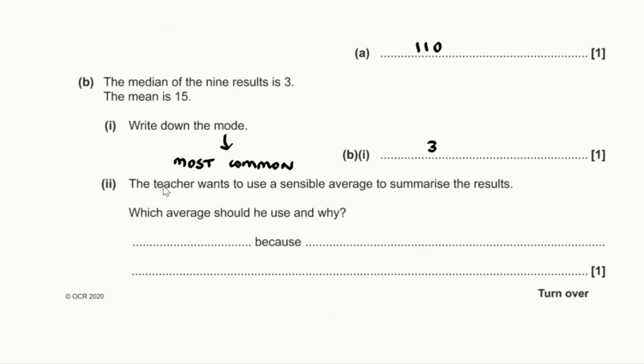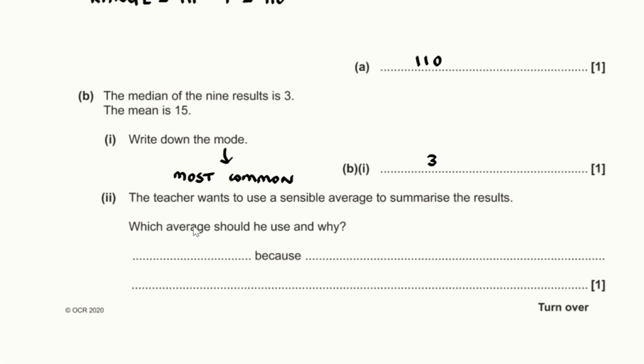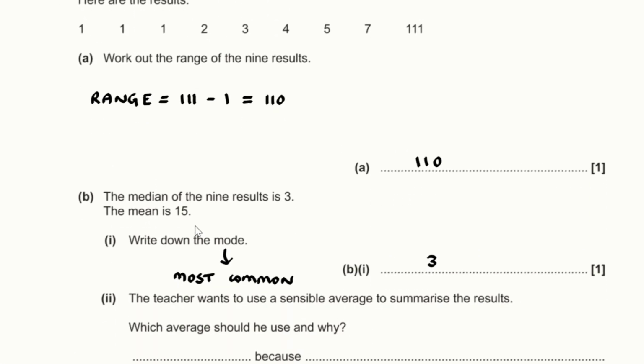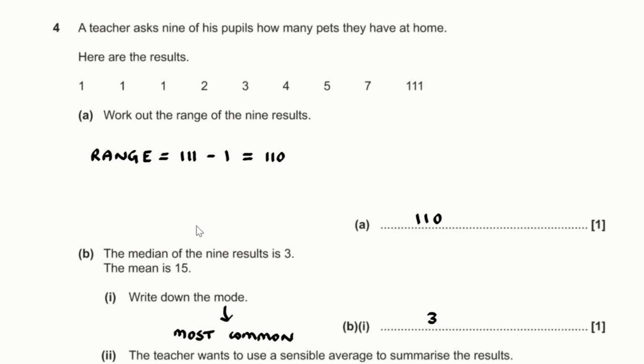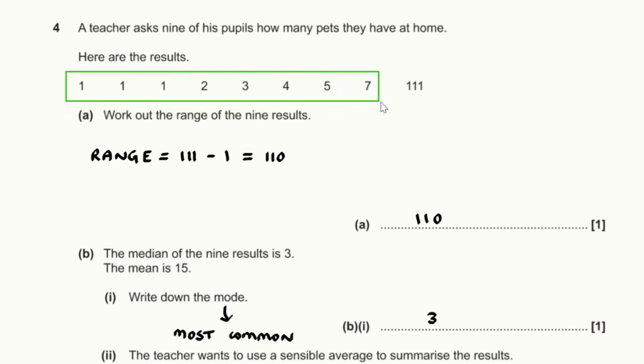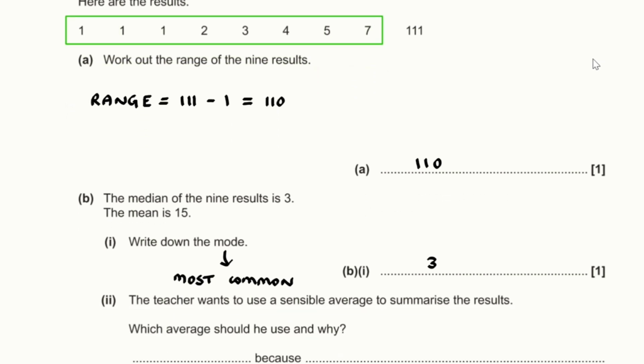And now, the teacher wants to use a sensible average to summarize the results. Which average should he use? Well, we know that the median is 3. And all these scores, apart from this one, are close to 3.